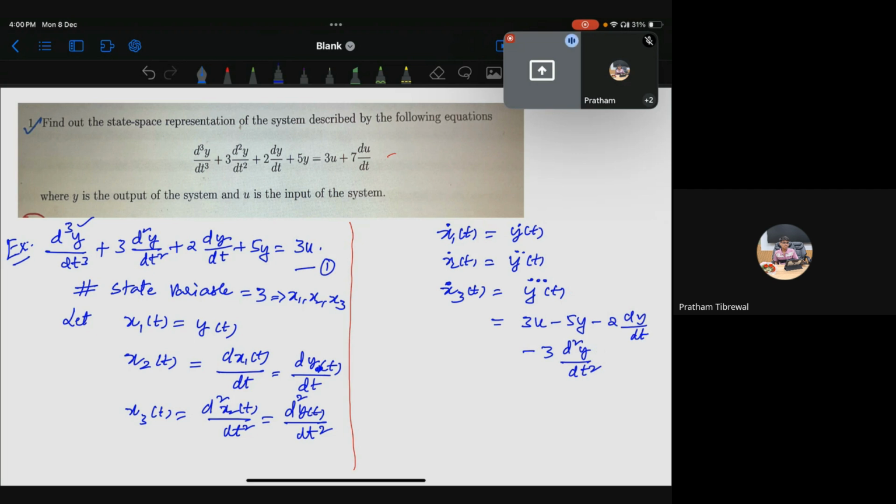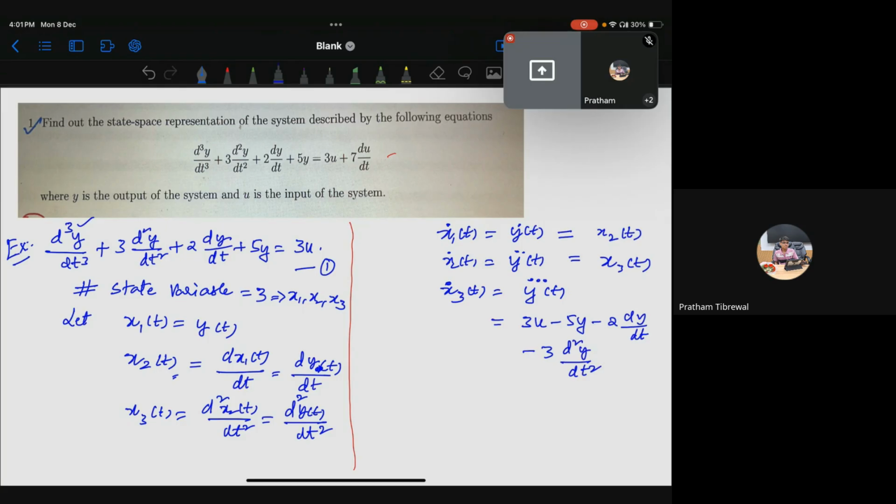Now you can see these three equations we have. On the left side are x1 dot, x2 dot, x3 dot. On the right side, y dot is x2, and y double dot is x3.